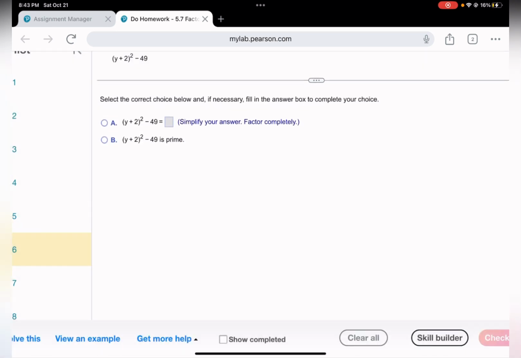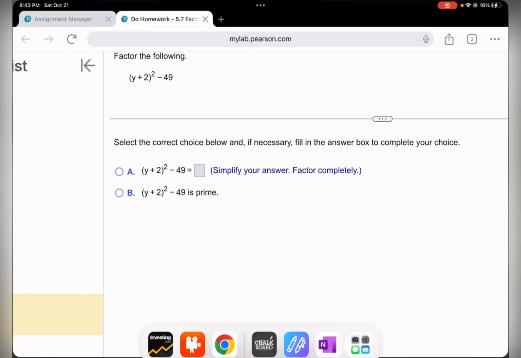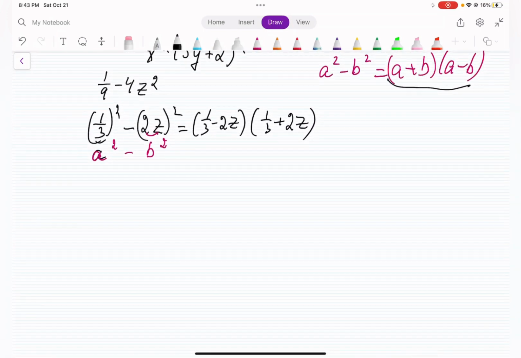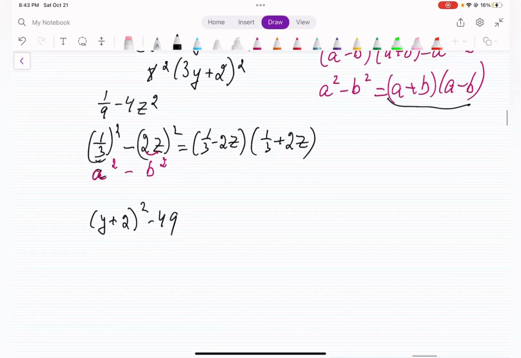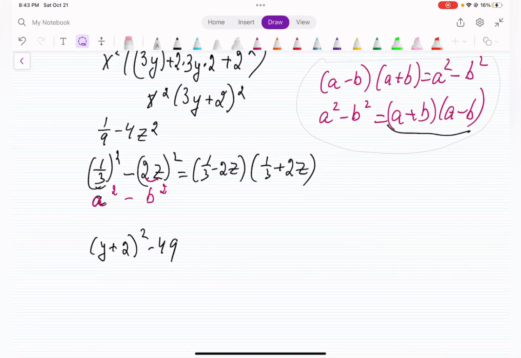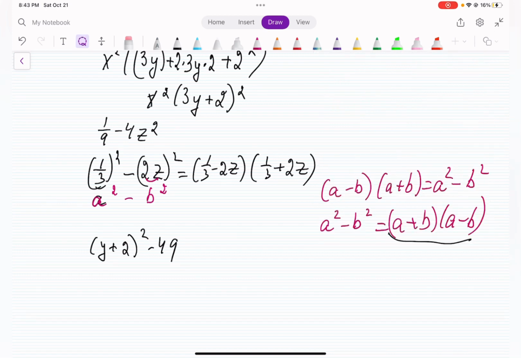Next one, y plus 2 squared minus 49. Let me bring this down so we can use it.